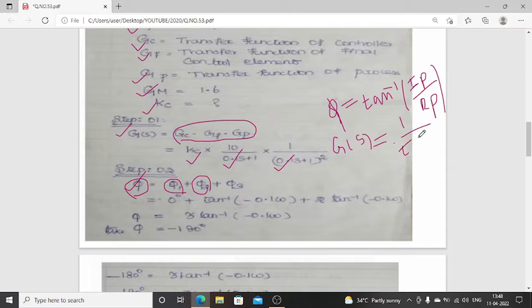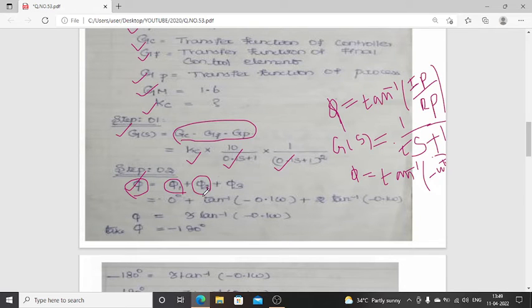For the first order system, the phase angle phi is equal to tan inverse of minus omega tau. So this is the general equation of phase angle for a first order system.